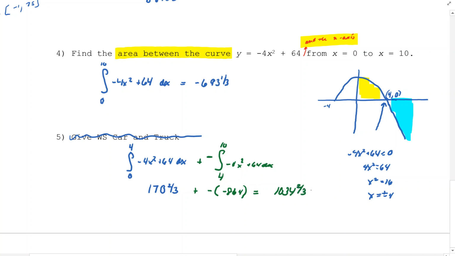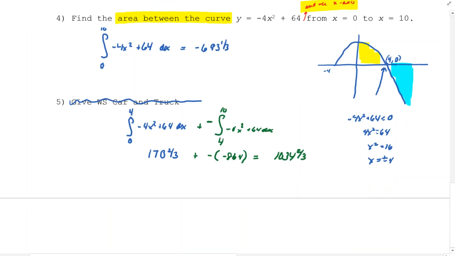1,034 2/3. Now, a way I can easily check this on my calculator is to look at not this function as it's drawn, but the absolute value of that function, from 0 to 10.